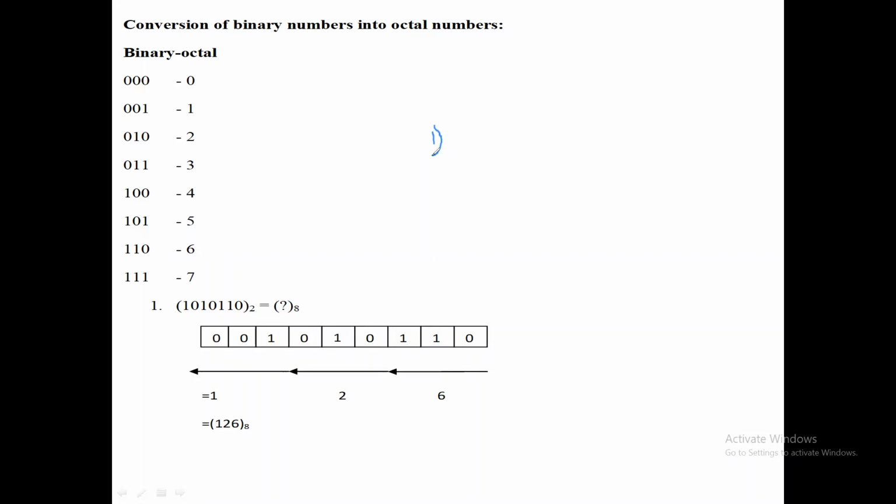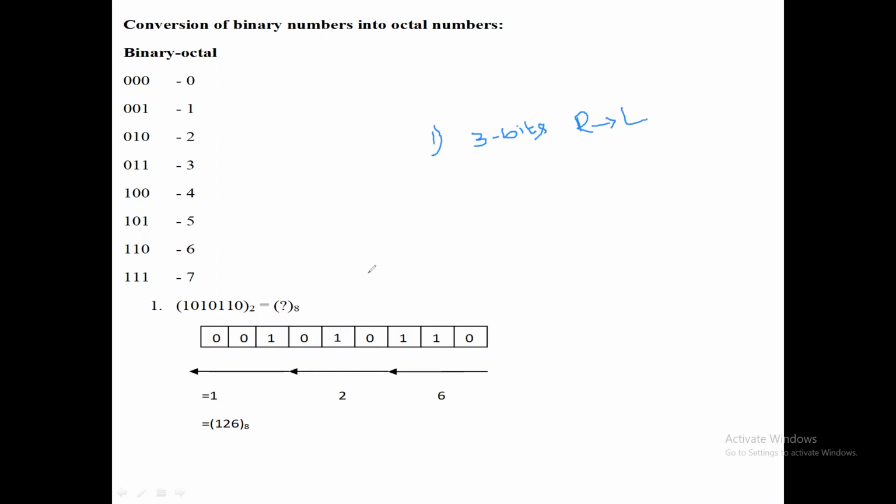Take down that binary number and group the bits 3 bits at a time. Okay, 3 bits at a time. You group 3 bits at a time, starting from rightmost bit. Okay, moving towards leftmost bit.